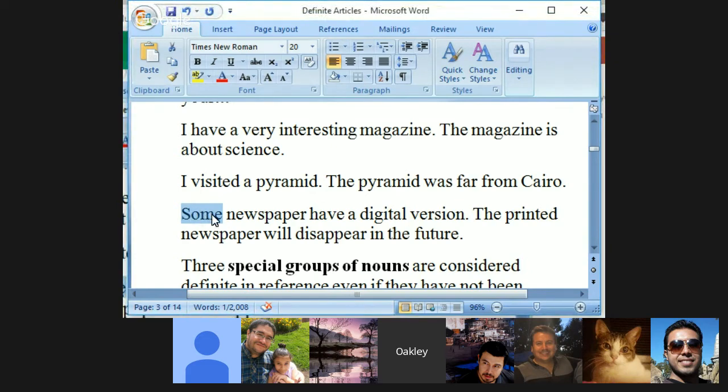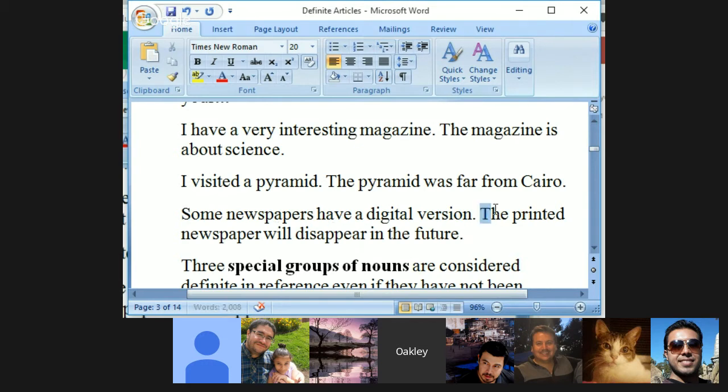But whenever we use some, this is a frequent mistake. Either it's uncountable, like some water, or if it's countable, like newspapers, it has to be plural. Some cats, some pencils, some newspapers. Okay, have a digital version, very good. The printed newspaper, all right, will disappear in the future.